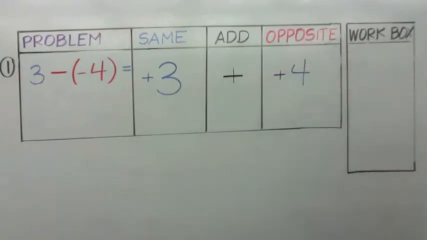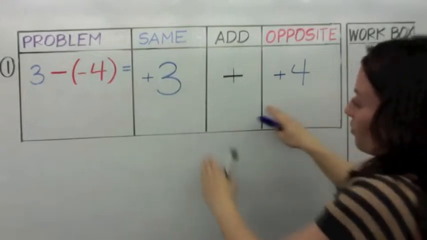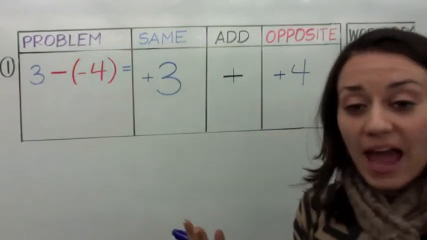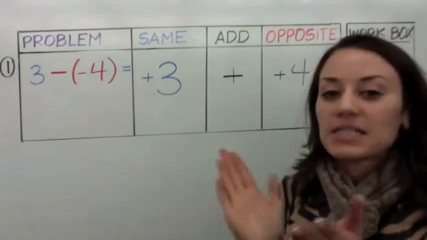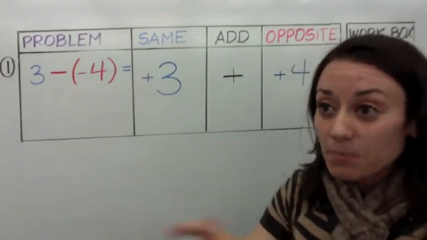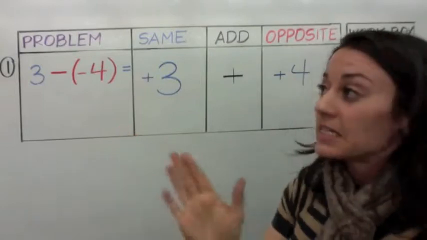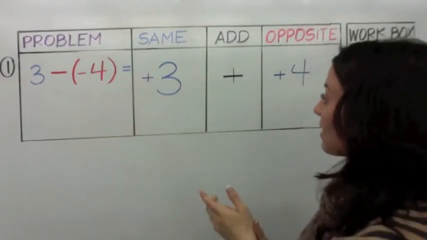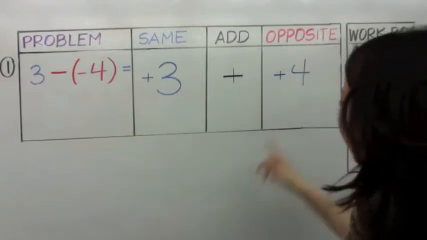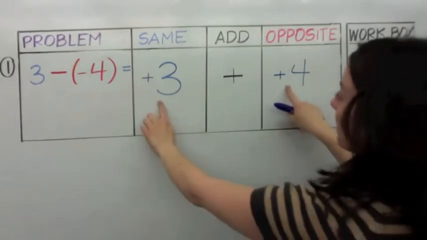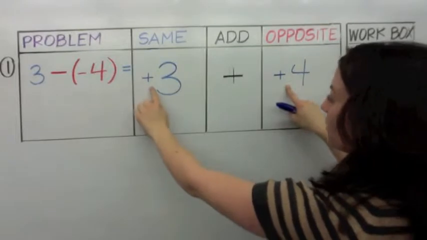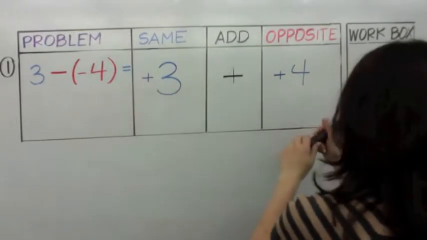Now we have two integers that we can add, because we know how to add integers. We remember the song: same signs, add and keep. Let's look at the integers. We have a positive 3 and a positive 4. Do they have the same signs? Yes.